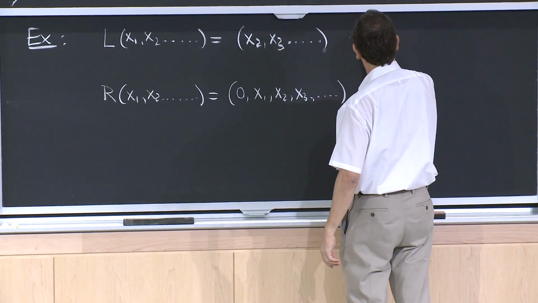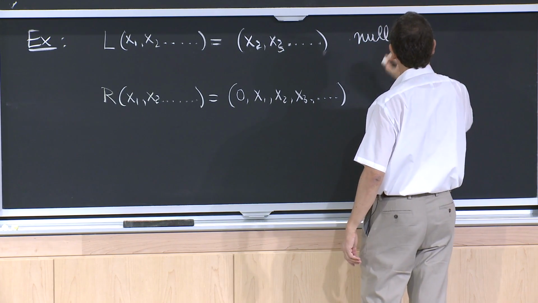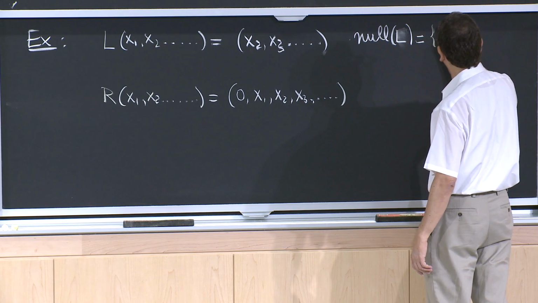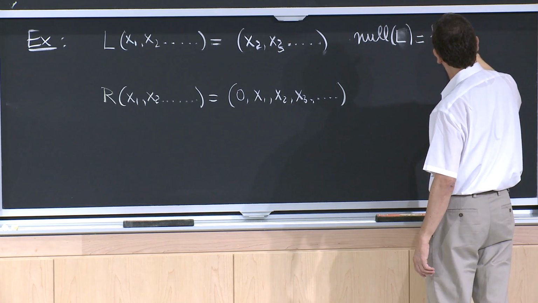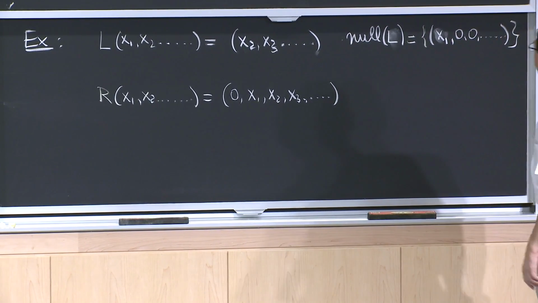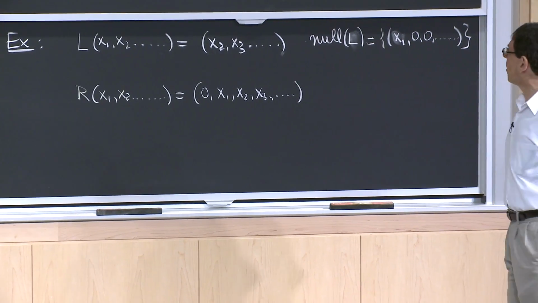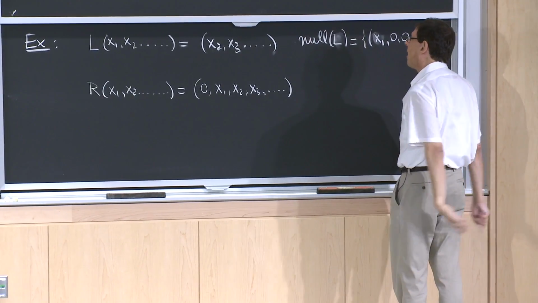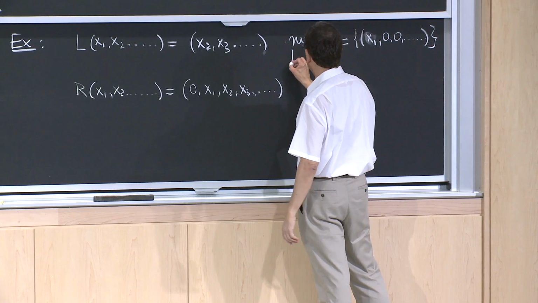So the null space of L is the set of vectors of the form (x1, 0, 0, 0, ...). So it's a sizable null space characterized by one parameter. All these vectors are killed by L. So the null space is non-zero, so L is not injective.